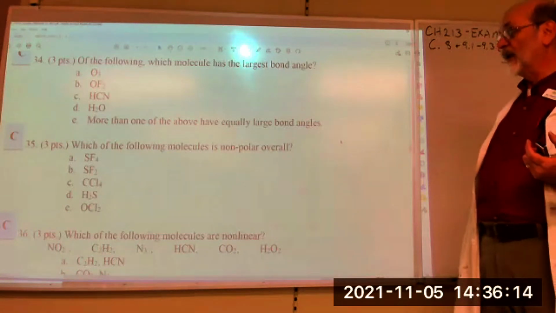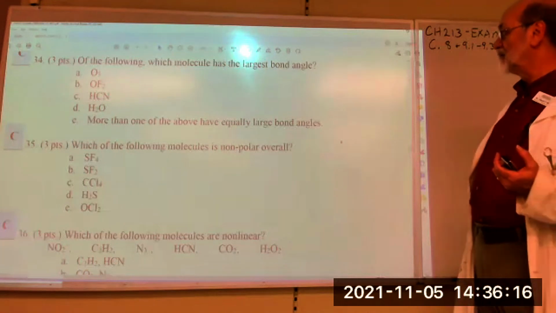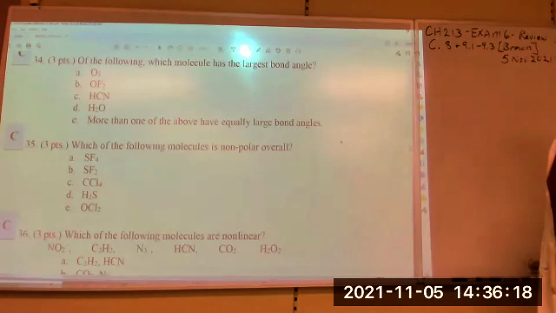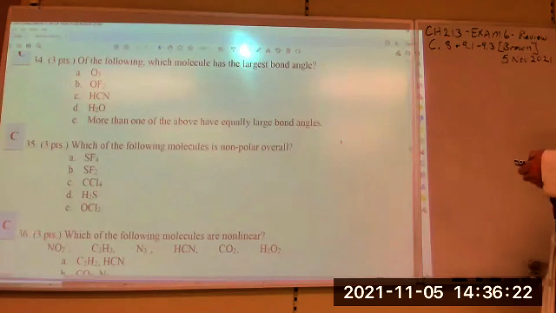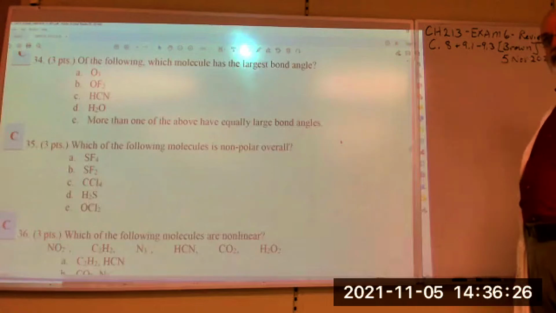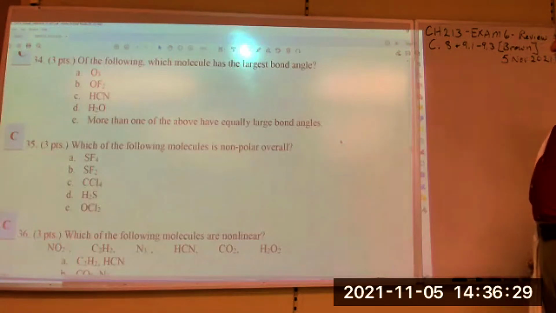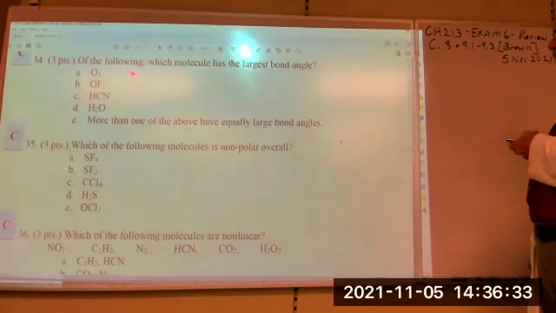Linears are only 180. So the largest bond angle would be a linear molecule, wouldn't it? Unless we could find a trigonal bipyramid or an octahedral. So let's say linear. That's not linear. No, it's bent actually.